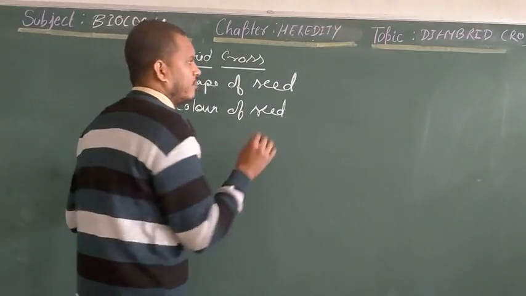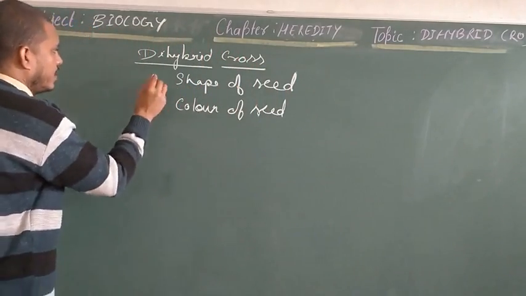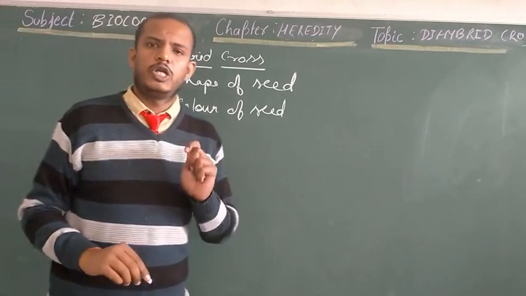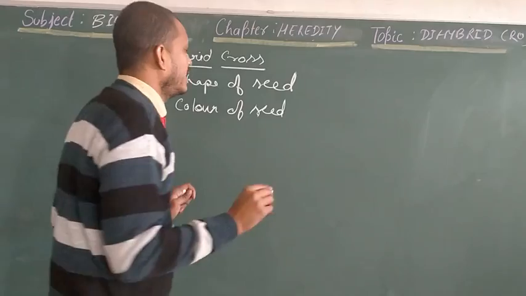Now, what about the shape of the seed? Two traits are chosen, and we need to focus on which one is dominant and which one is recessive.